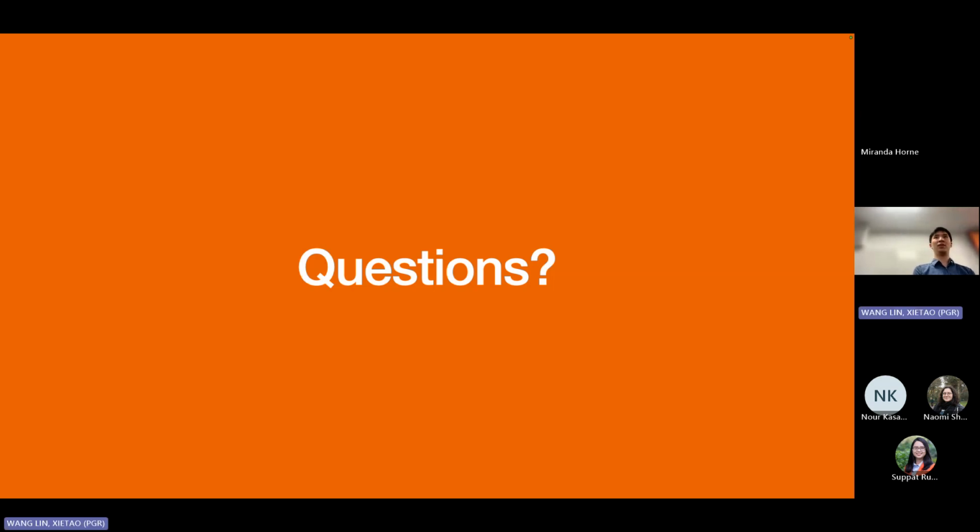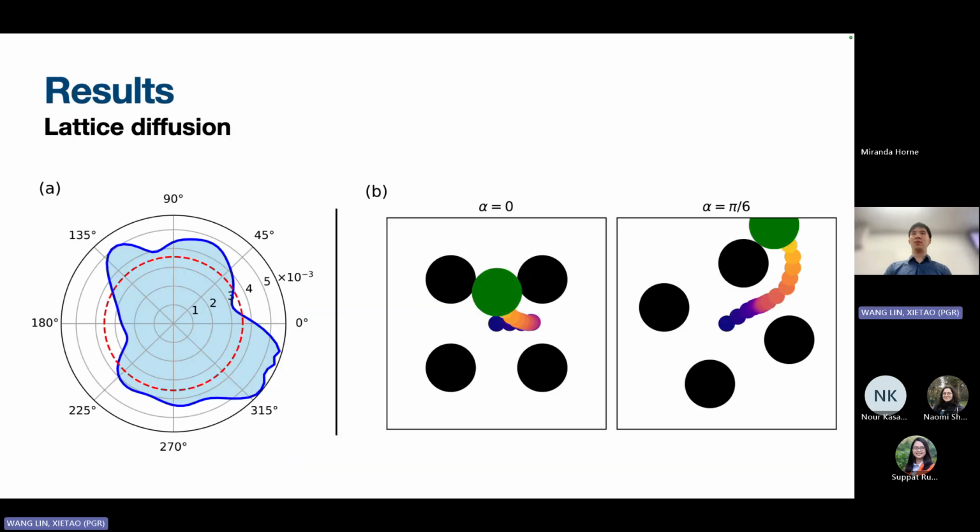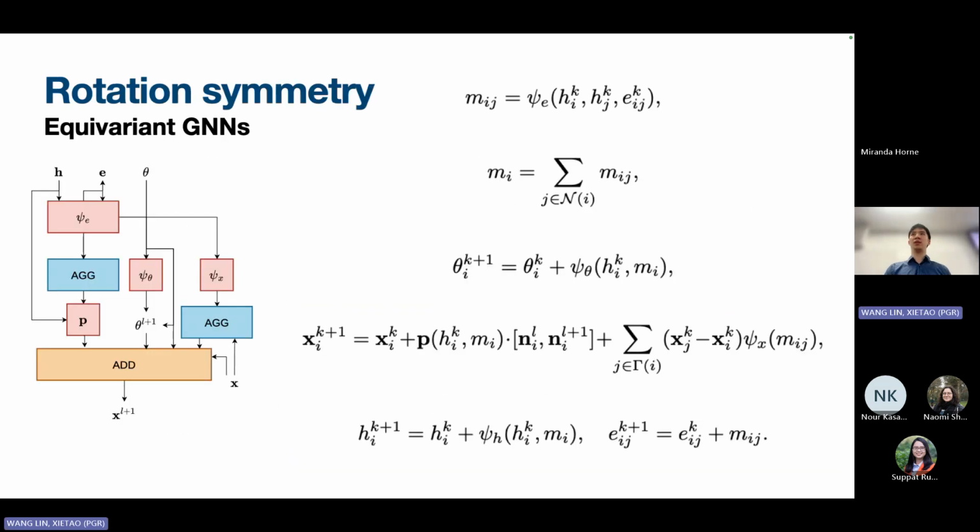Yep. Can you go to the symmetry? The one that preserves the rotation symmetry. So what you did differently from the normal one is that you don't pass the rotation parameter into the neural network. Yeah.